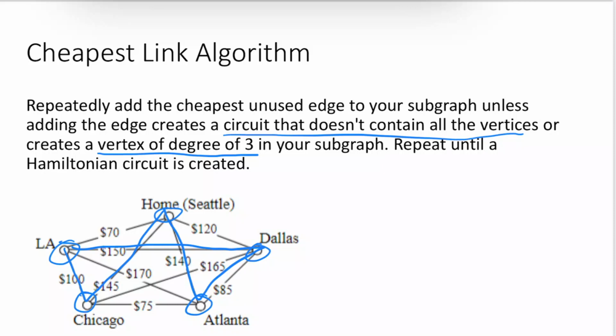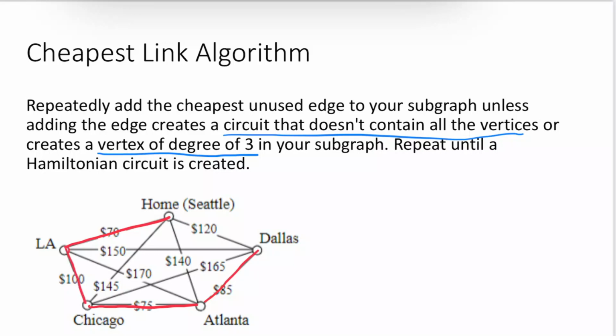So in this example, we could look at it and we'd say, okay, well, first of all, I want to look at what is my cheapest edge. So it looks like this edge is the cheapest because that's $70. Then this one is the next cheapest, and this one is the next. And then the next cheapest one after that, it looks like, is the $100.